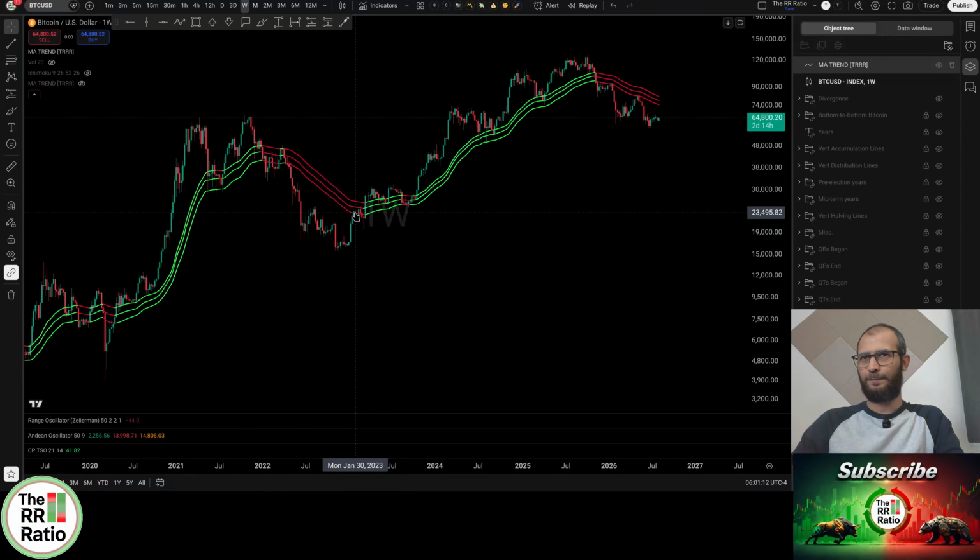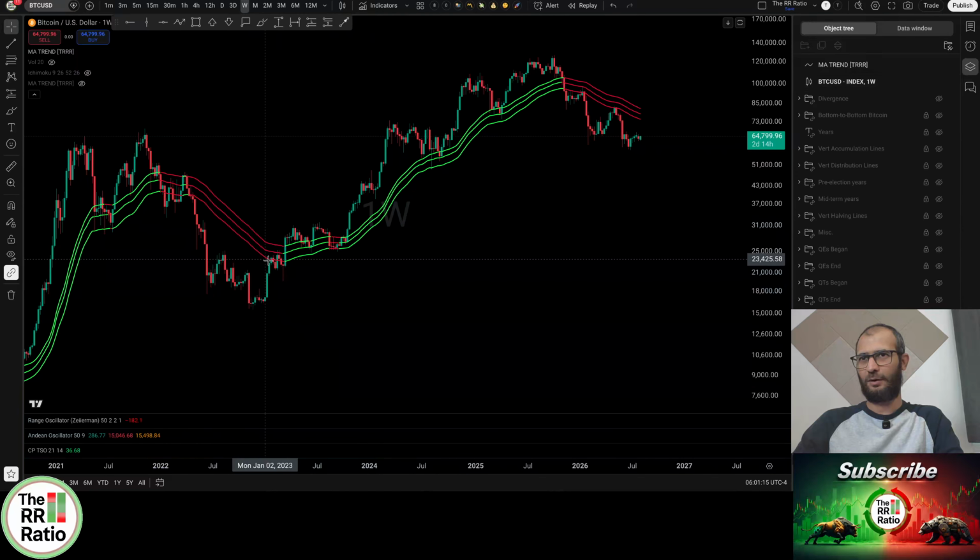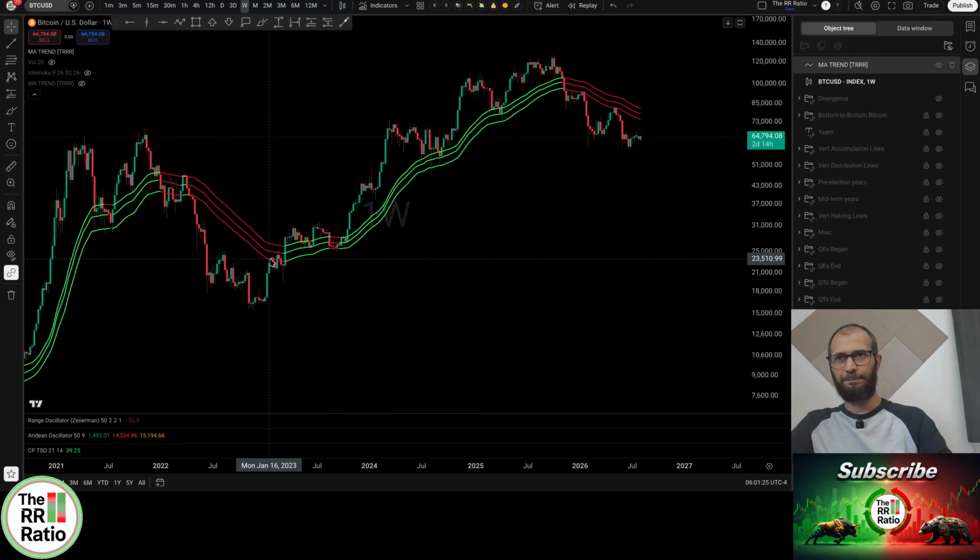reaches the close, or if it closes above the lowest of the moving average, we have already passed the accumulation, or we have already passed the bottom of Bitcoin.